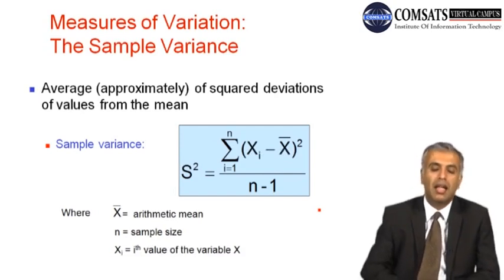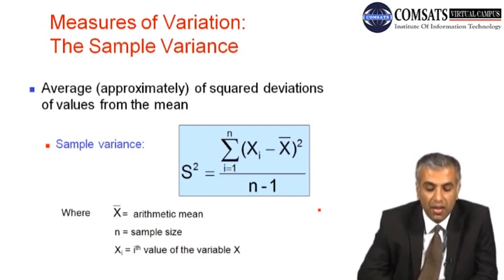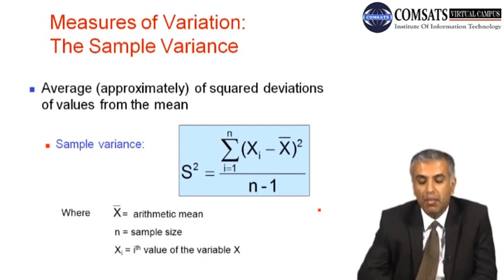Here x bar is, as we have seen before, the arithmetic mean, and n is the sample size, and likewise xi is the ith value of the variable x.